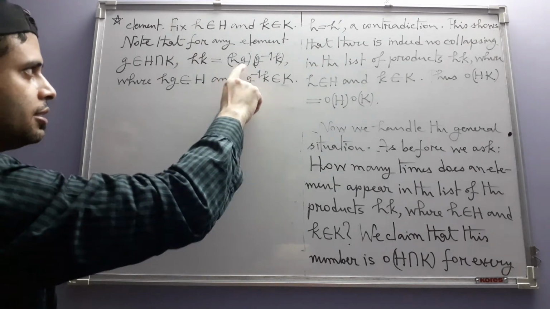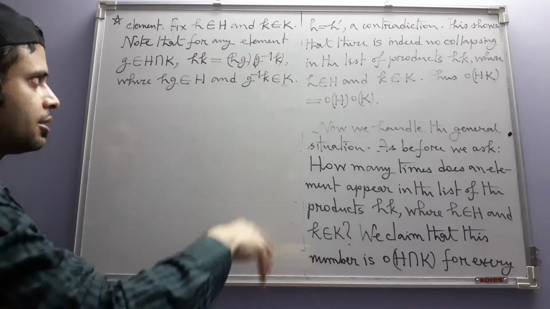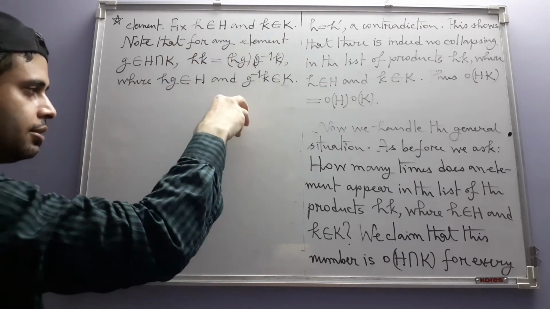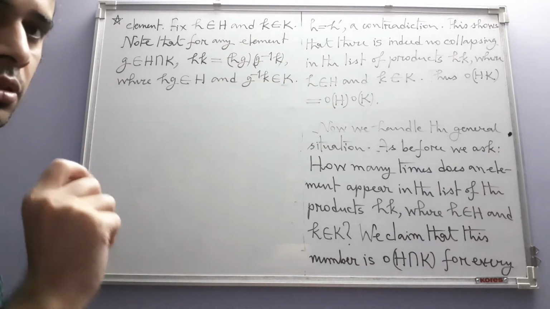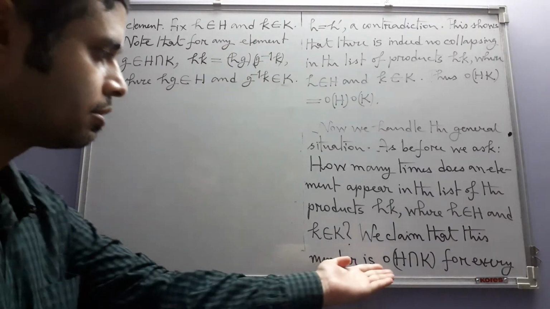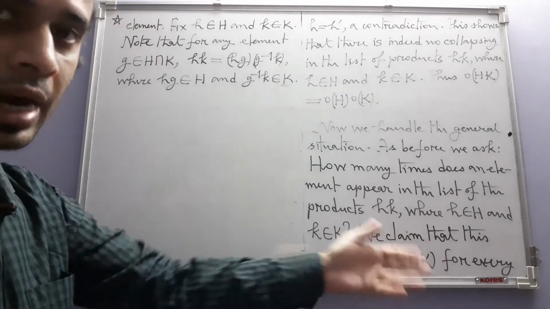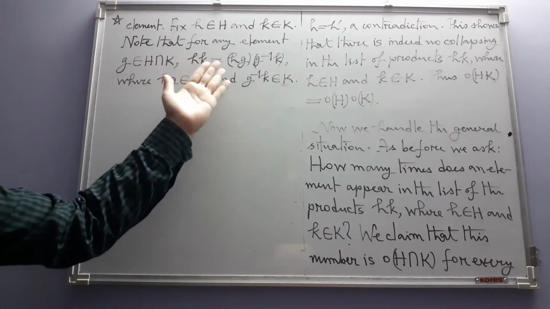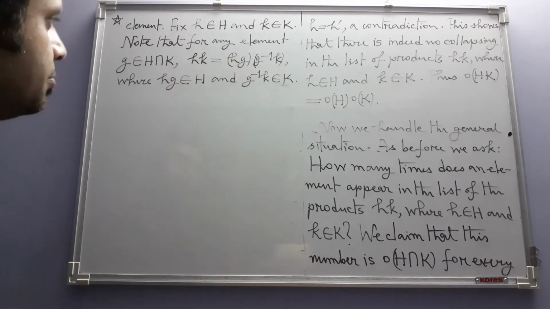You keep on changing g, you get different representations of this same element hk, again as an element of H times an element of K. So you have at least this many times an element in this product getting repeated.